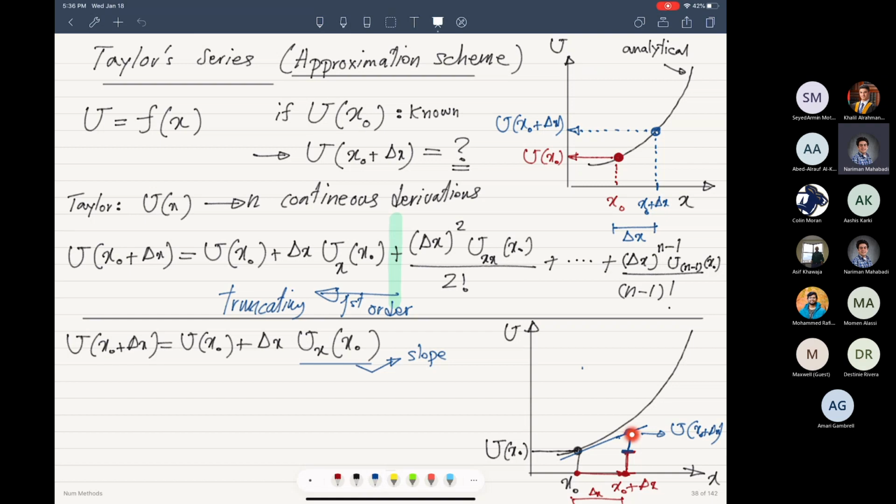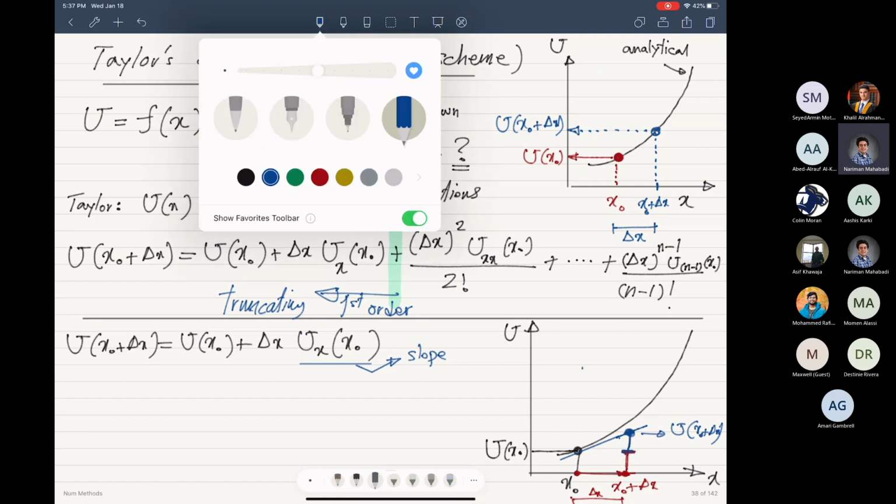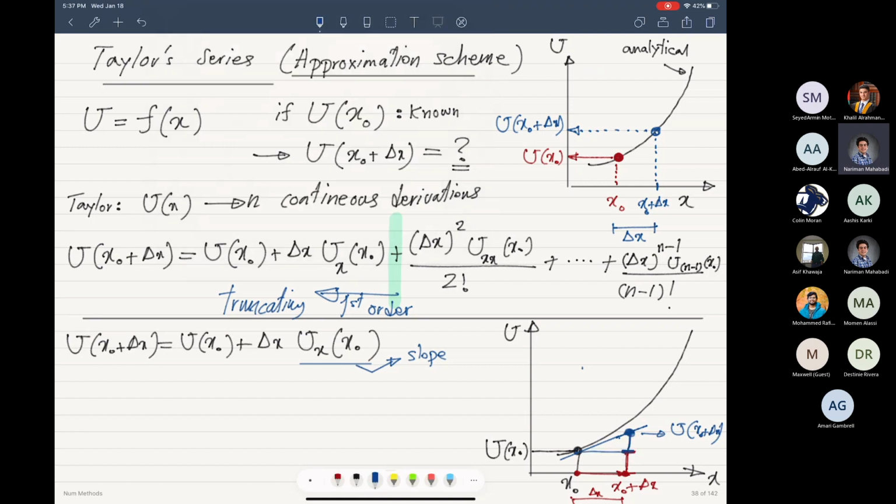And it's an approximation, so it's not exactly equal to the theoretical value. So I need the slope of this line, and the slope is height divided by width. So the height is, let's say, y, and the slope is height divided by delta x, which is equal to the first derivative of u at x.